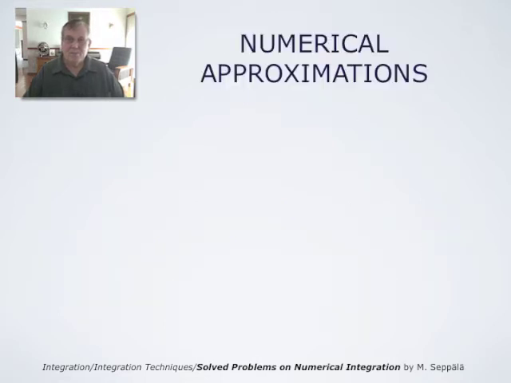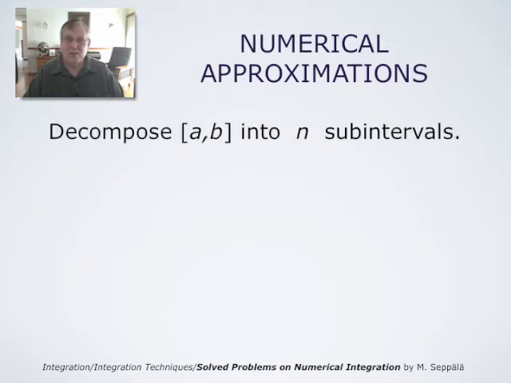This definition allows us to approximate values of definite integrals easily. Mainly, we may simply compute some specific Riemann sums, and they are approximations of this definite integral. So we approximate the definite integral so that we decompose the interval of integration from a to b into some number n of subintervals.